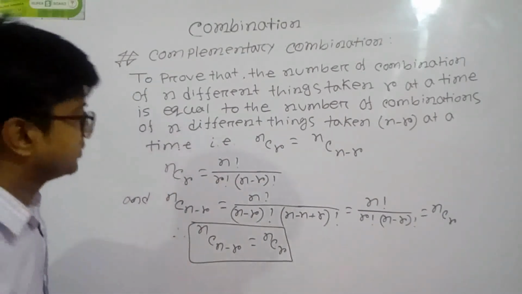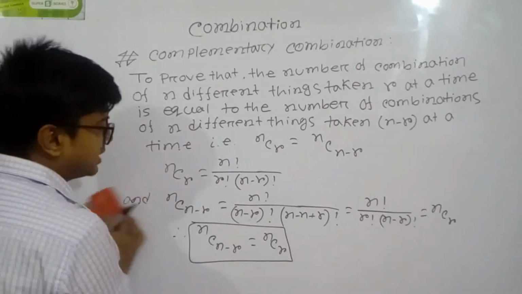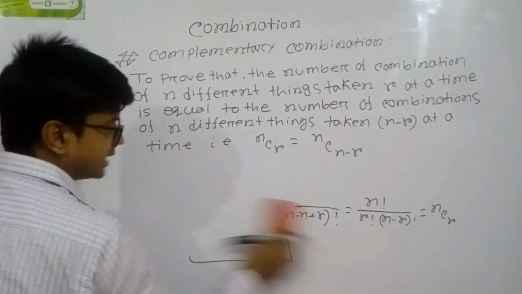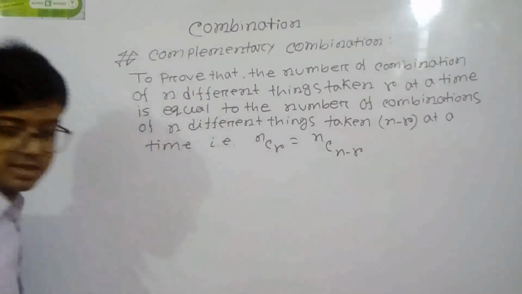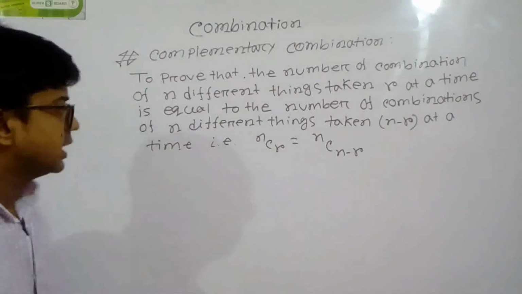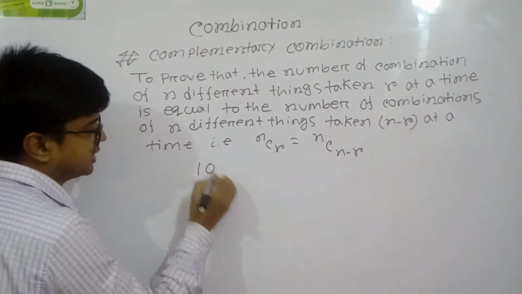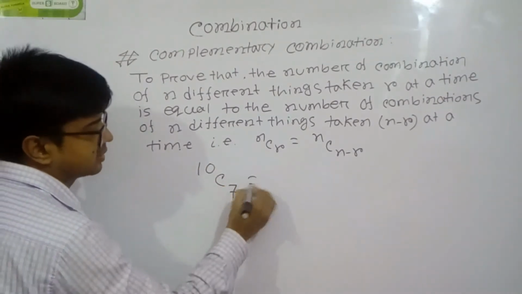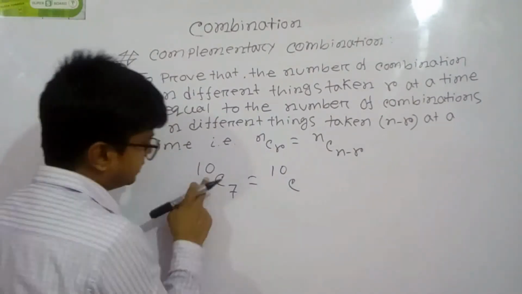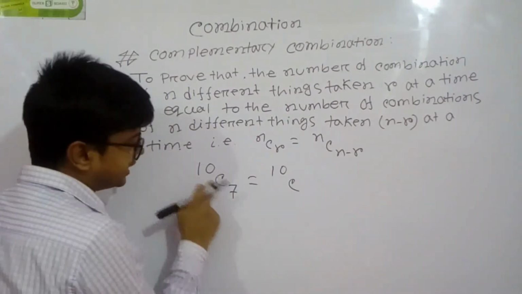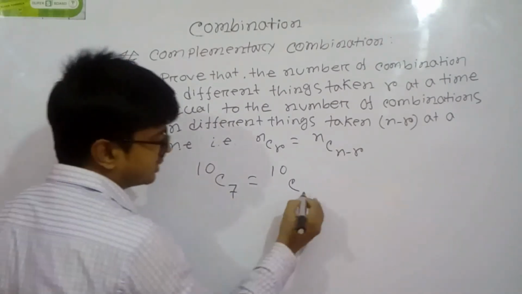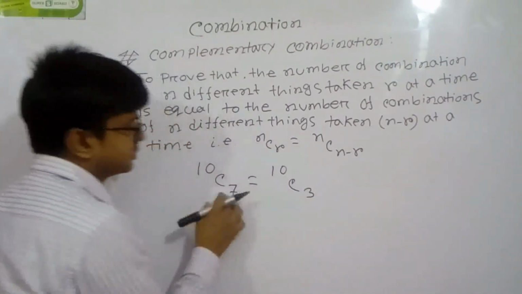Now, for some mathematical examples, we can write here. Suppose 10C7 equals 10C3, since the difference of 10 and 7 is 3.